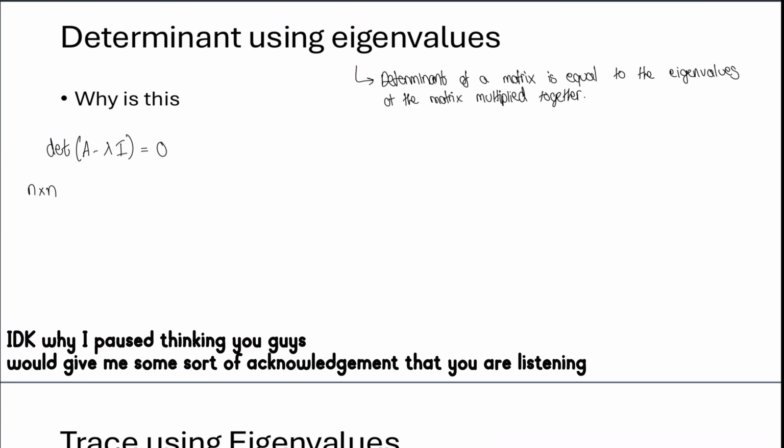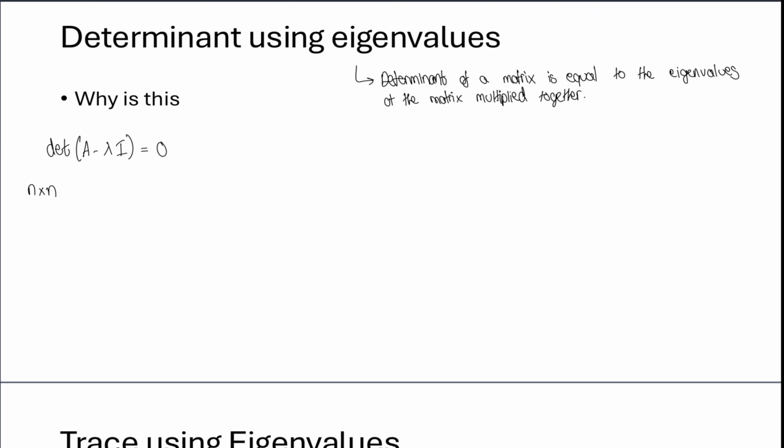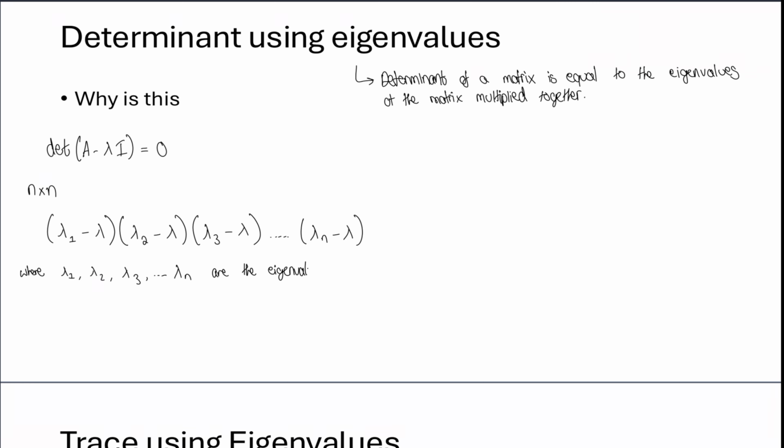And so if we were to factorize that polynomial with degree n, it would look something like this, where y1, y2, y3, all the way up to yn are the eigenvalues.